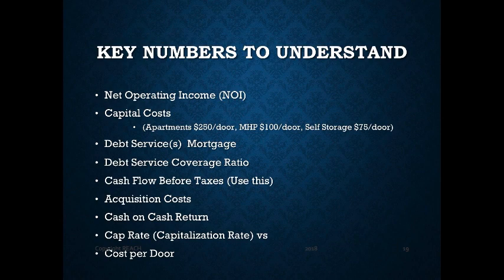And so using a cost per door to figure out comparisons just doesn't work a lot of times. You really need to be able to understand what the net operating income is.